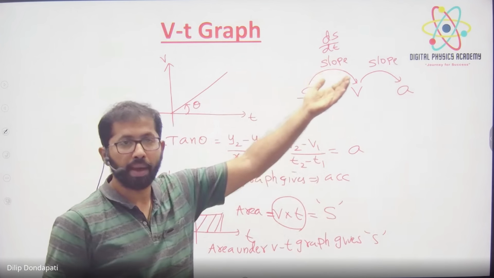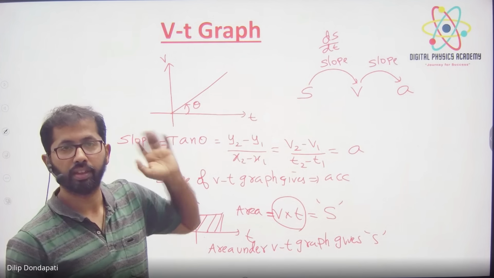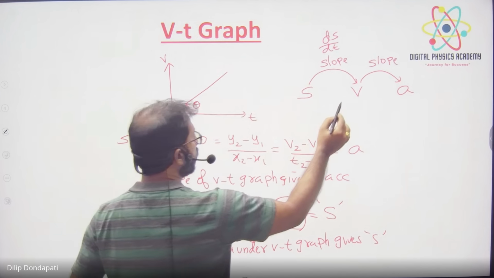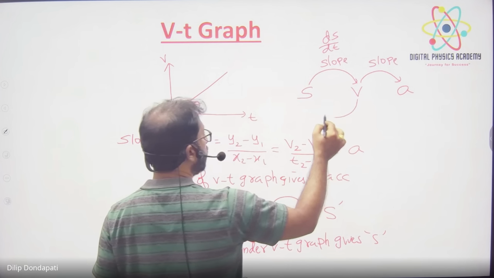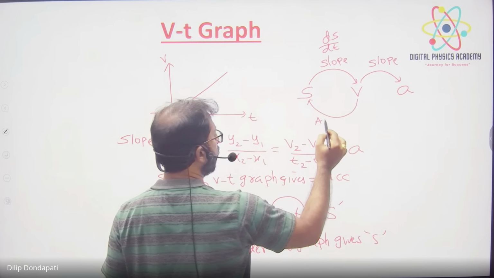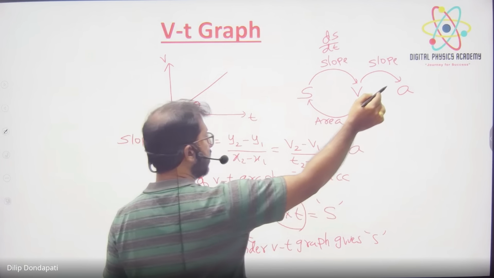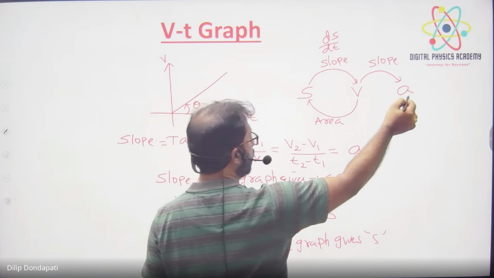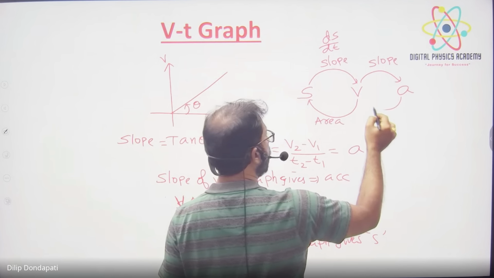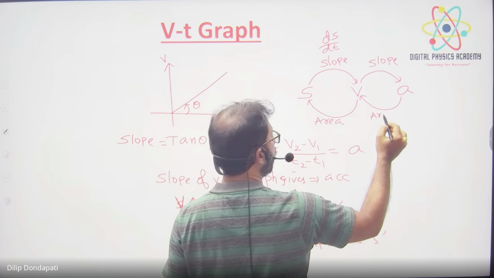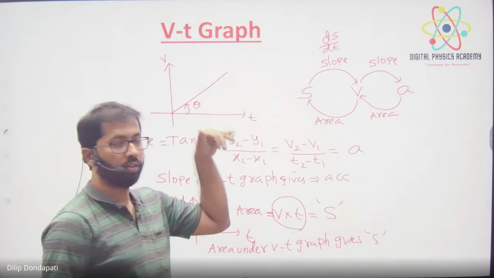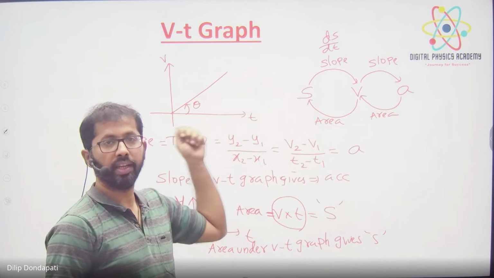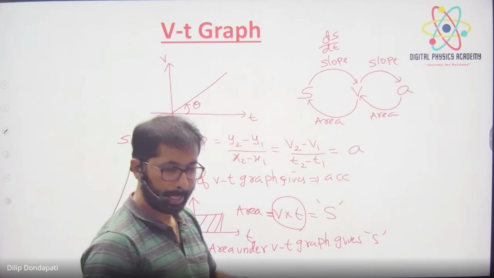When you're coming backwards, we have to find area. So when a velocity time graph is given, how to find displacement? Area under the graph. And when an acceleration time graph is given, how to find velocity? We have to find the area under the graph. So forward slope, backwards area.